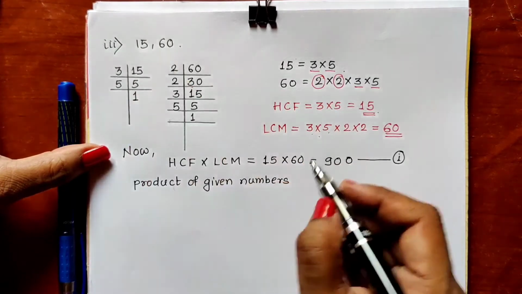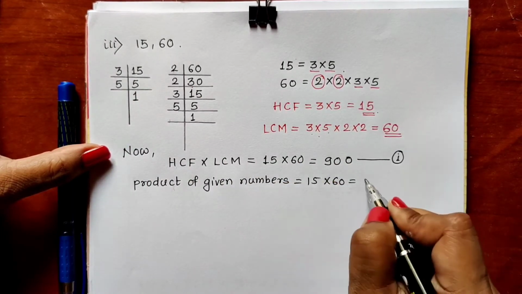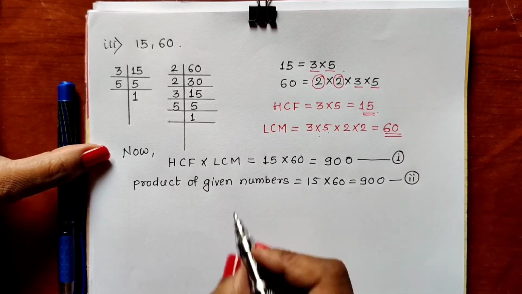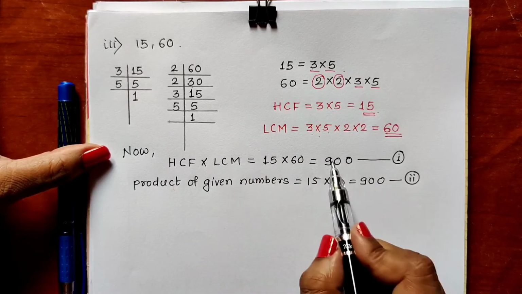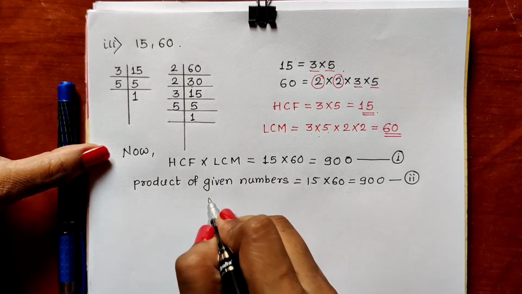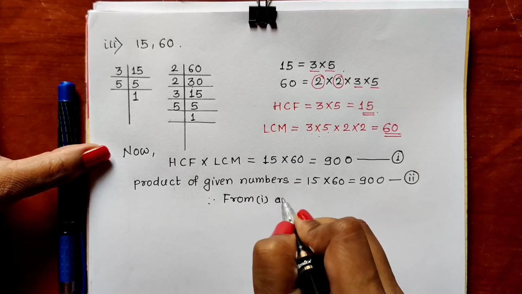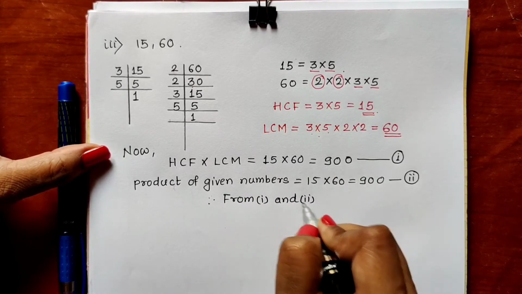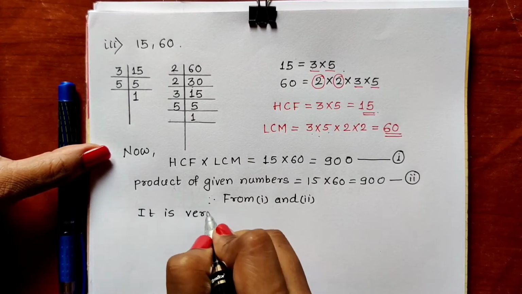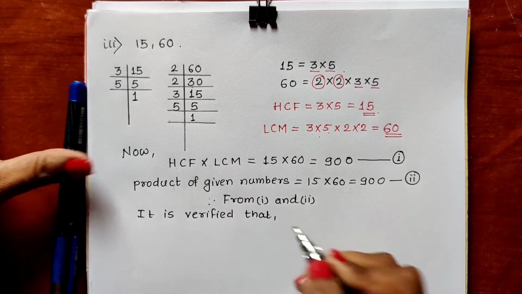Given numbers are 50 and 60 only. So 50 multiplied by 60, answer will be 900. It will be our equation number 2. As equation 1 and 2 we are getting same answer on the right hand side, so left hand side will also be equal. Therefore from 1 and 2 it is verified that, what we have verified?